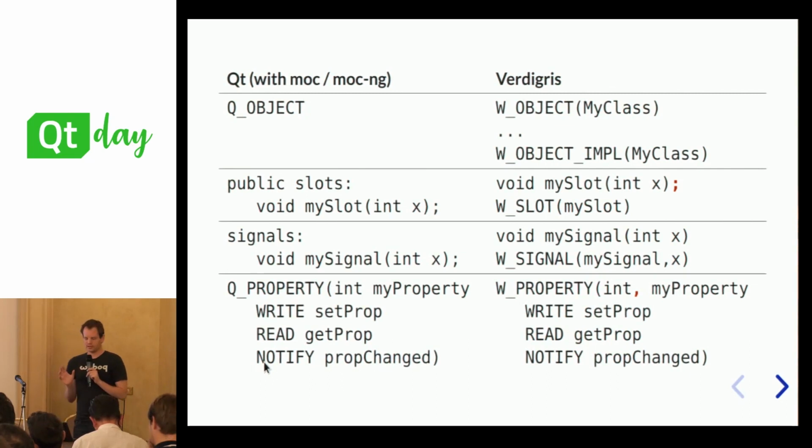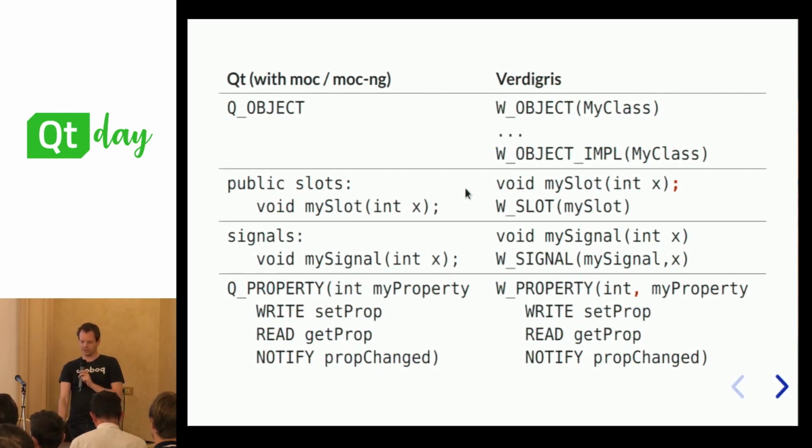You have to repeat the name of the class because we need to instantiate things with the name of the class, which we cannot get without you repeating it. And then outside of the class, so in the CPP file, you have to write W_OBJECT_IMPL with your class. So it's a bit more work there, but that's how it is.